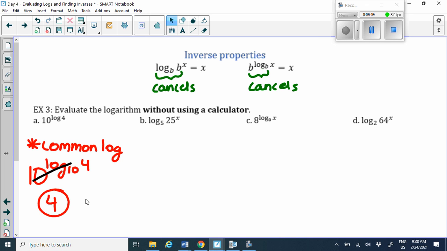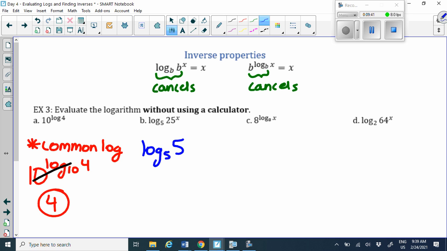Let's look at the next one. We have log base 5 of 25 to the x. Now, the base of our log is 5, and the base of the exponential is 25, so they're not the same. But we can rewrite some things. We can change that 25 so it does have the same base. I'm going to keep my log base 5, and change that 25 into a 5 to a power.